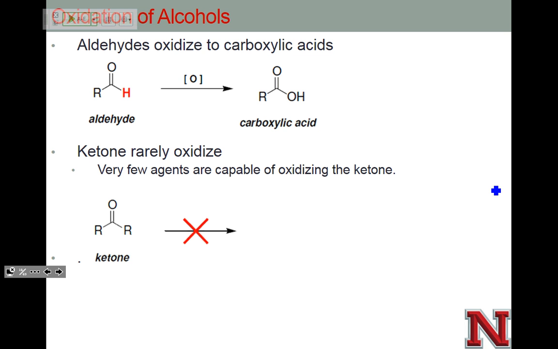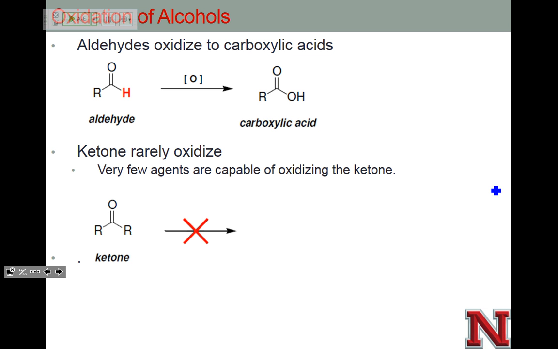So we already know we can take an aldehyde and further oxidize it, whereas we can't do that with a ketone. So if we have an aldehyde and we have something like our Na2Cr2O7, we can oxidize that with our chromic acid all the way to the carboxylic acid. We can also use KMnO4, which we've talked about briefly as an oxidizing agent, but typically it's so reactive with other functional groups and causes a big mess, so it's not always used.